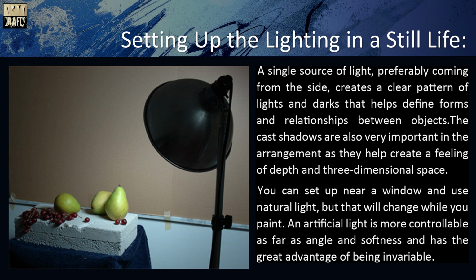You can set up near a window and use natural light, but that will change while you paint. An artificial light is more controllable as far as angle and softness and has the great advantage of being invariable.